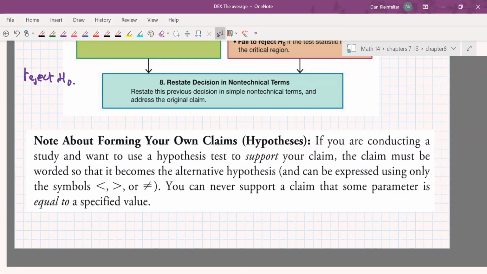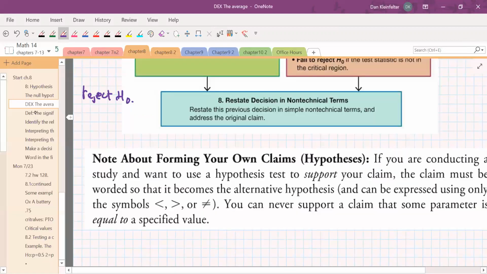If your claim is H0, you have no hope of proving it. The only way you have a hope of proving your claim is if it's H1. So state your claim so that it ends up being the alternative hypothesis. You can never support a claim that some parameter is equal to a specific value.